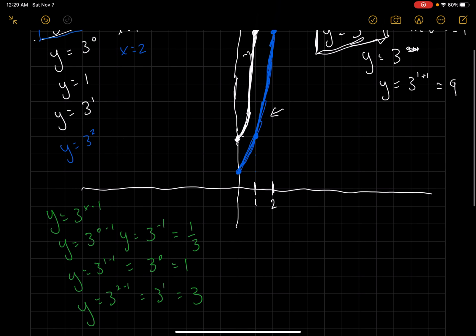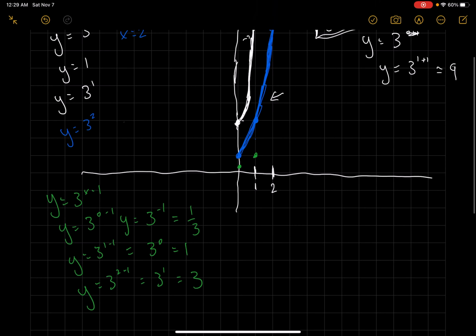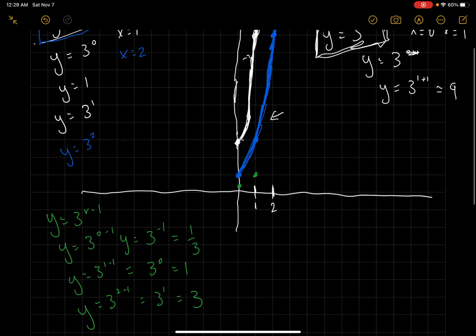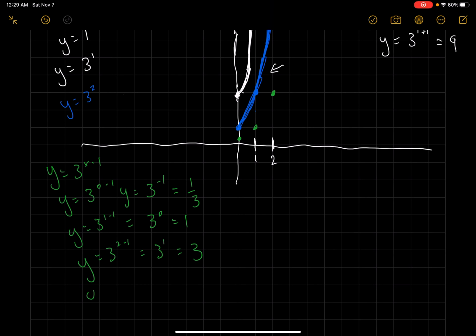So when x is equal to 0, y is equal to 1/3, which is approximately this. When x is equal to 1, y is equal to 1. When x is equal to 2, y is equal to 3. Okay.